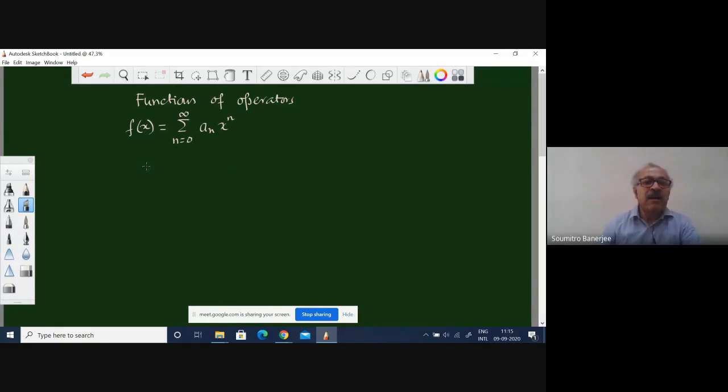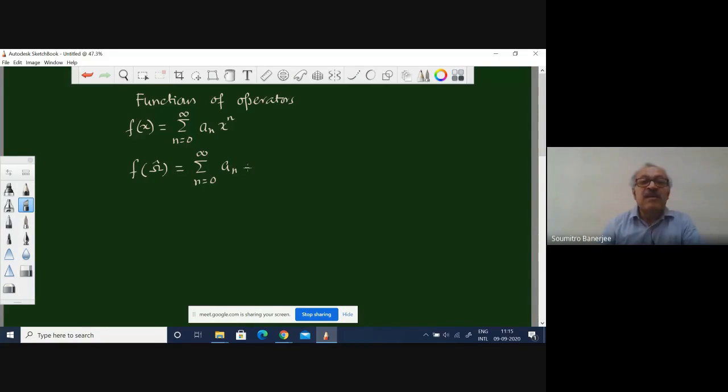So it will be a function of some operator that will then be expressible as the sum from n equal to 0 to infinity of a_n times the operator to the power n.